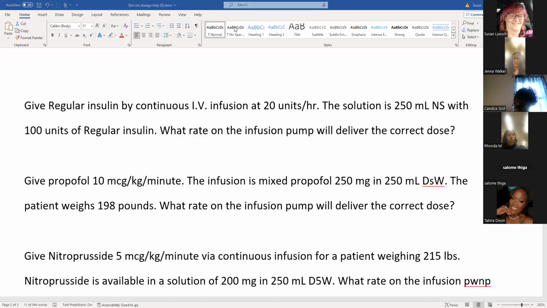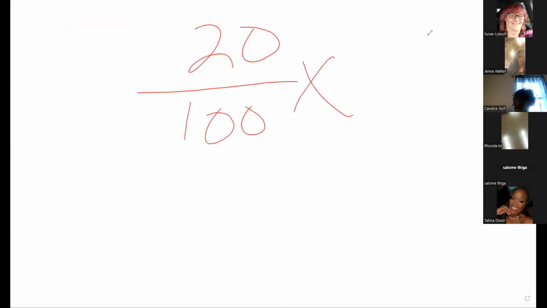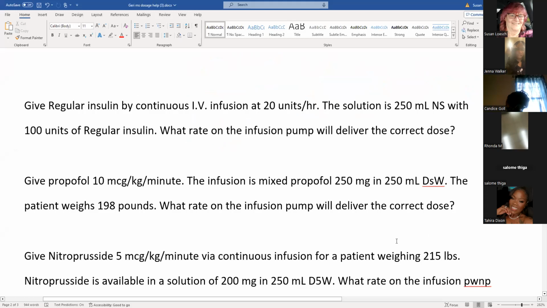Desired over have. You got 50 mL per hour. Okay, 50 is correct. So it'd be 50 mLs per hour, because units would cross out.